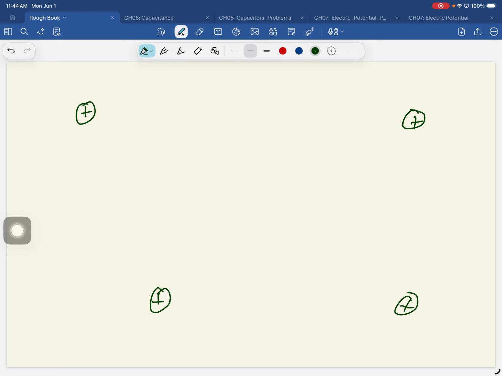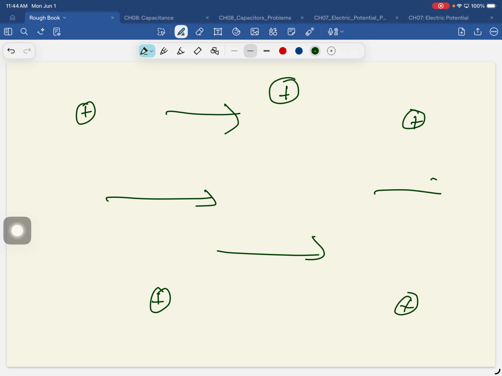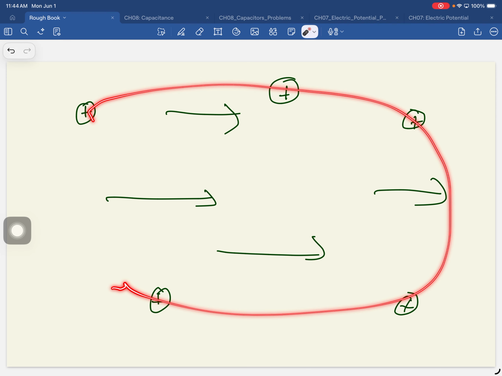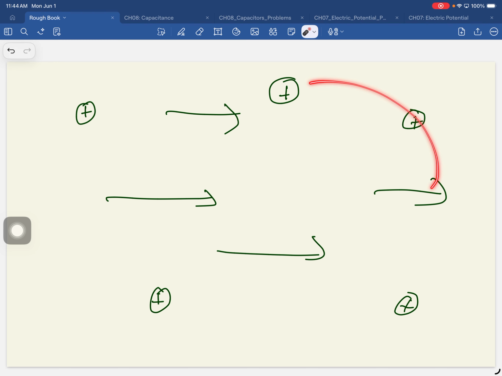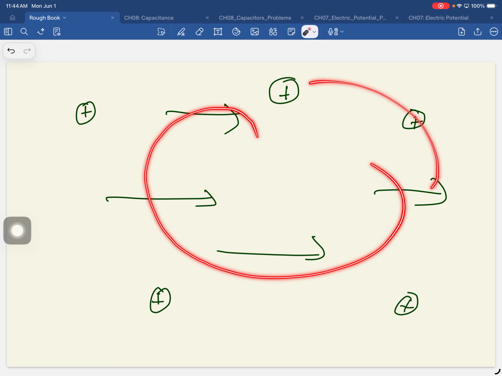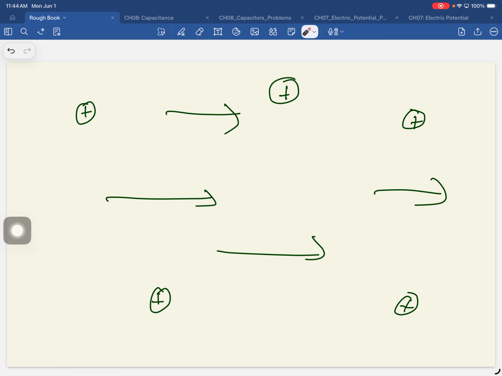Whenever you hear the term potential energy, that means the underlying force is conservative. What does that mean? When a force is conservative, what does that mean? You can't lose energy in an enclosed system. It's no heat, nothing lost to thermal energy, right?